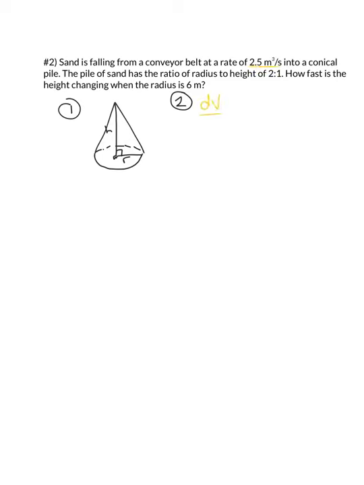So this is going to be my dV by dt, 2.5 meters cubed per second. The next thing that I know, or I want to know, is my dH by dt. So this says that I'm looking for how fast the height is changing.